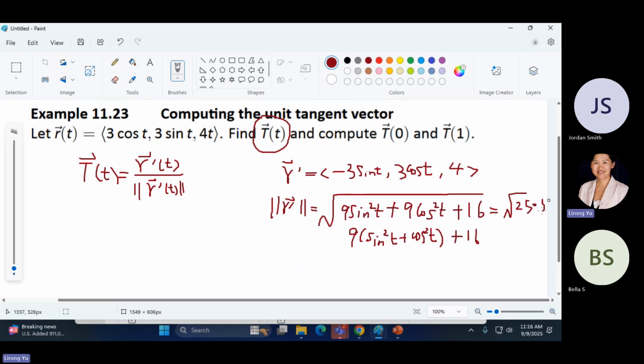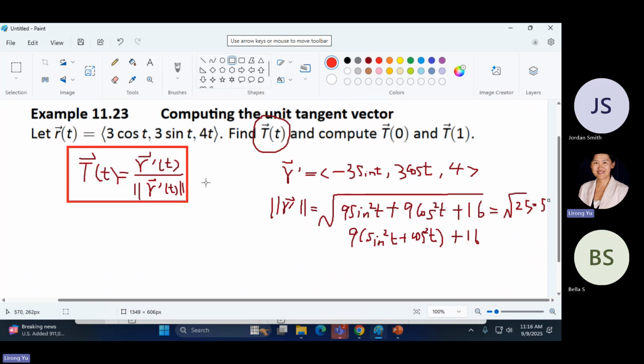It's nice that the denominator is not a fraction; it's actually an integer. So now we can finish the calculation. We now have our tangent vector, which is equal to every component in r prime divided by 5.